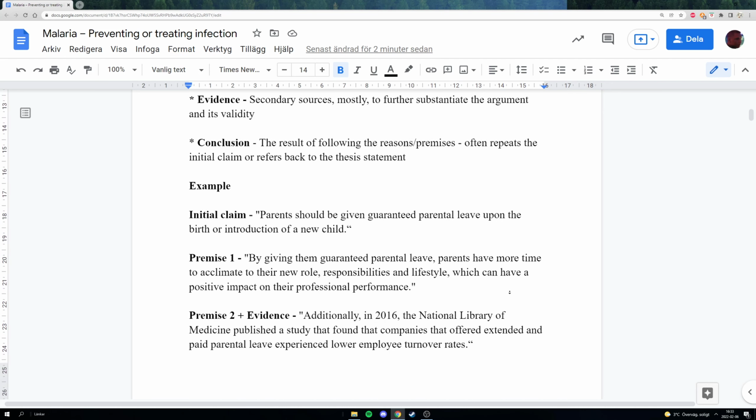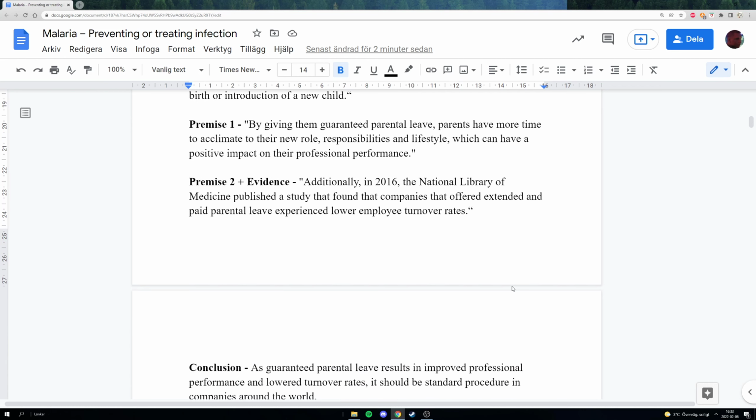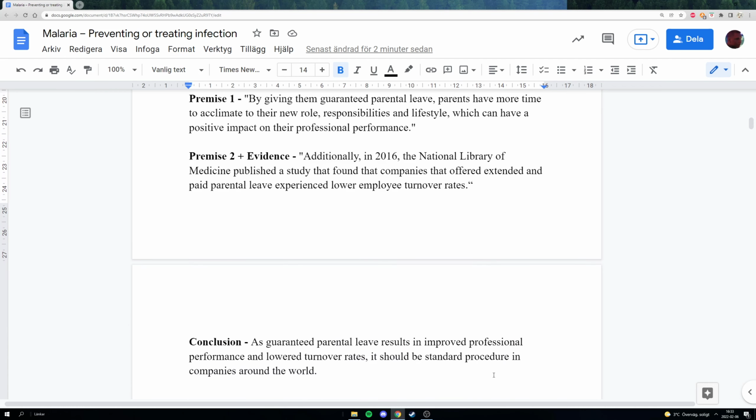Which then leaves us with the conclusion. That simply reads, as guaranteed parental leave results in improved professional performance and lowered turnover rates, it should be standard procedure in companies around the world. And there we have another example of a relatively basic but a bit more fleshed out version of the argument that we just went over.